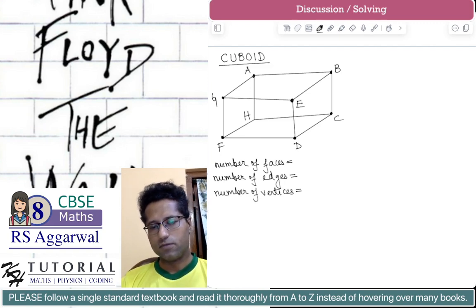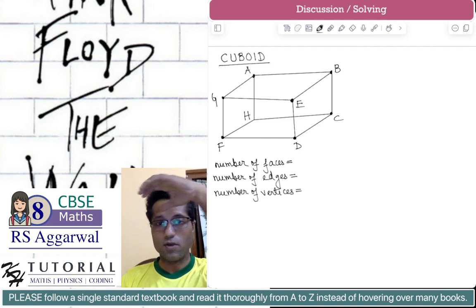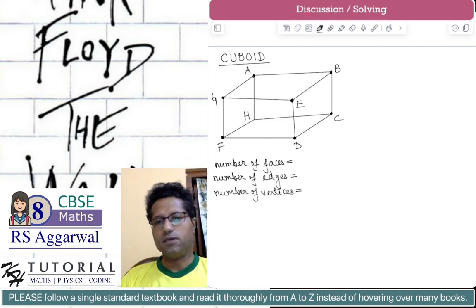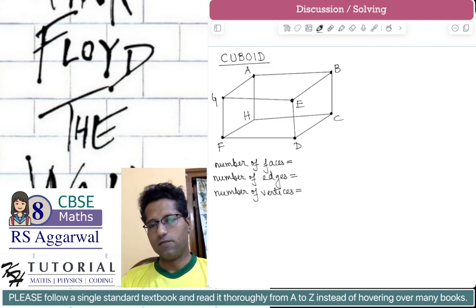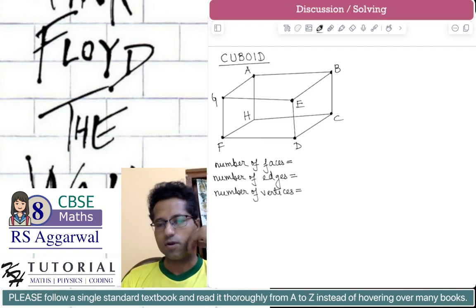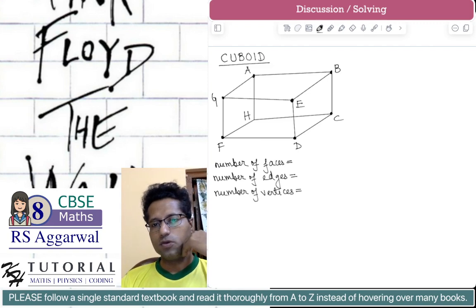From the diagram you can easily understand that all the vertices in a 3D shape I will indicate by a dark circle. Point A is a vertex. Point B. So the points A, B, C, D, E, F, G, H all indicate the vertices, the corner points.